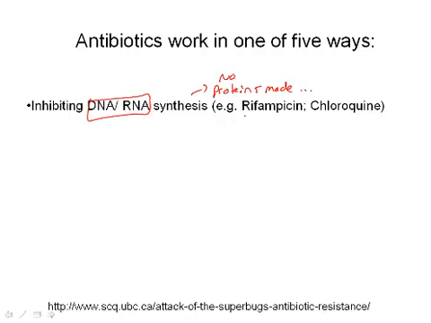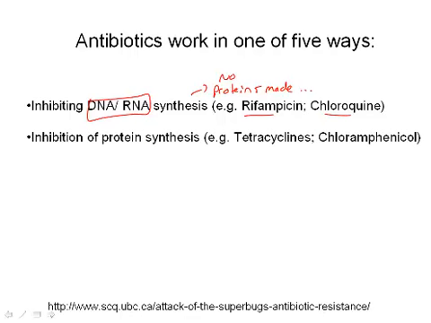You don't have to know the names. These are just some examples for you to look at. Inhibition of protein synthesis. So similar to the DNA, but it's just different mechanisms that it destroys. So this one stops DNA and RNA from being synthesized, and then this one is actually the protein synthesis procedure in the ribosome won't be able to happen. So just little differences.